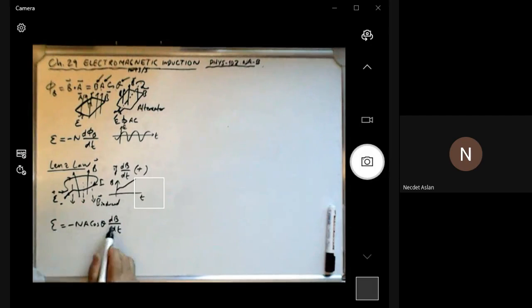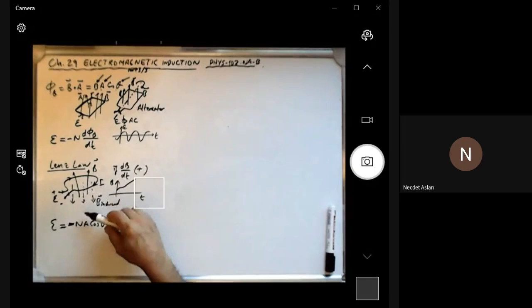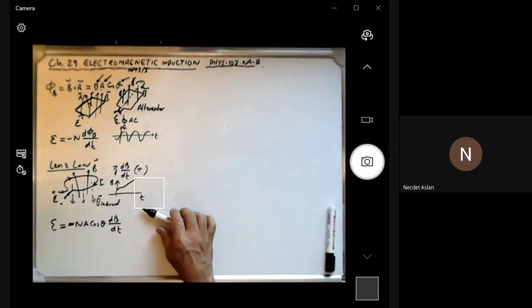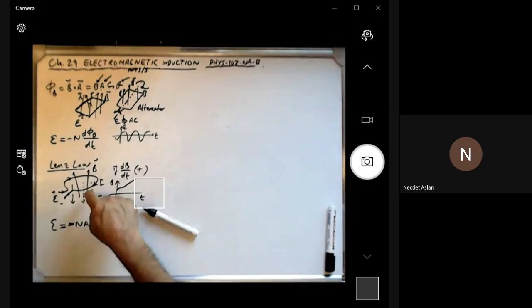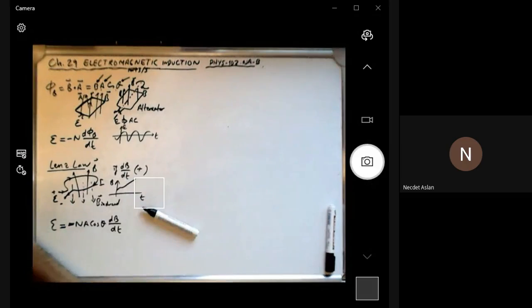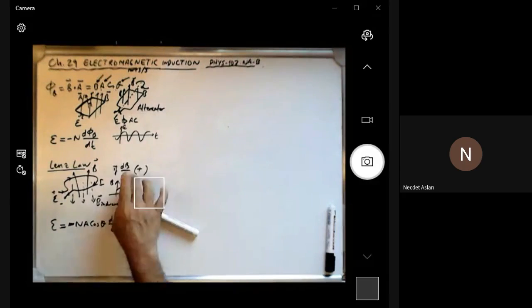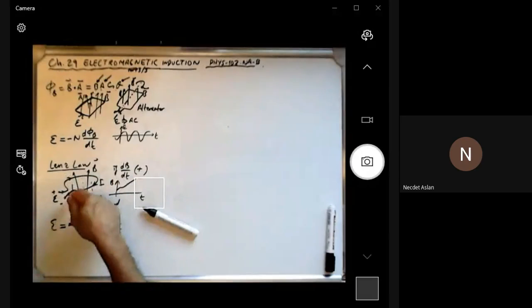This is the magnitude of the electromotive force, or just the potential difference between the two points. There is a minus sign. This minus sign means that the original magnetic field is opposed and an induced magnetic field is created. And if dB over dt is positive, then everything is normal, and we have this case.